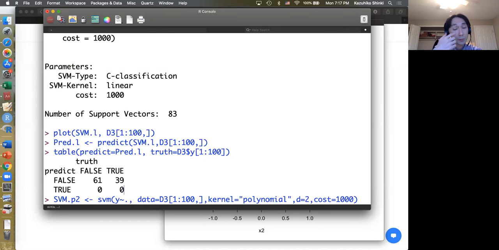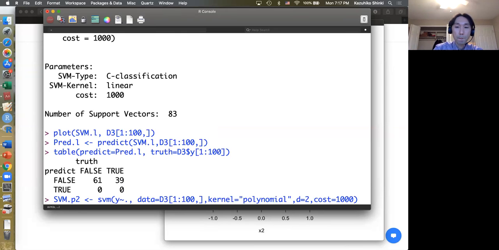Cost you can change, but for now we put 1000, because we know that this can perfectly separate the true boundary, so that we can separate the plane into the two true areas. So the higher cost is probably good, because we can make the error basically equal to 0.